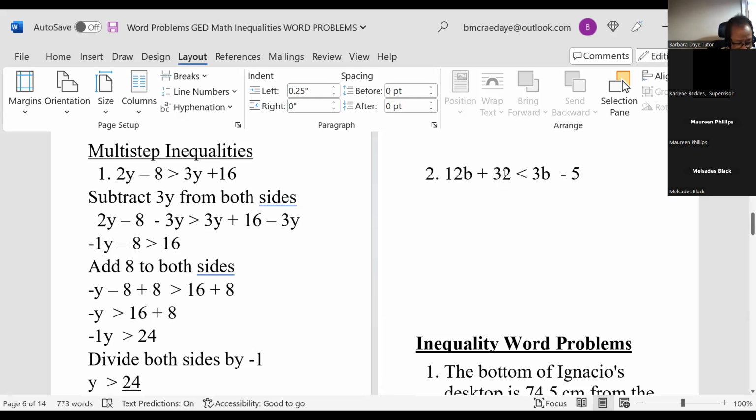I'm sorry, 31, because I don't want it to come out with a fraction. I want it to come out with a whole number. So change it to 31? Yes, just so we get a whole number. Maureen, you finished it? No, 3B.